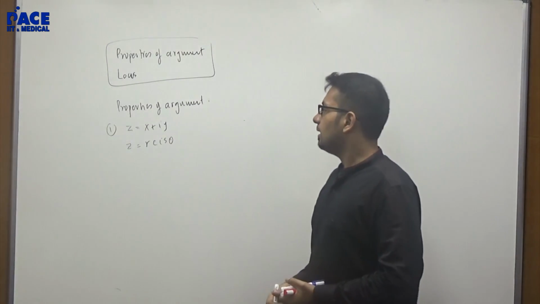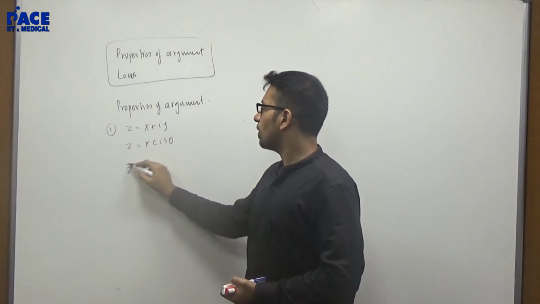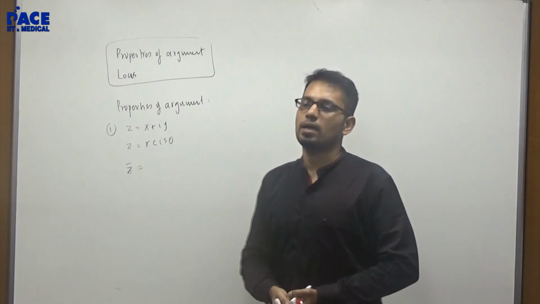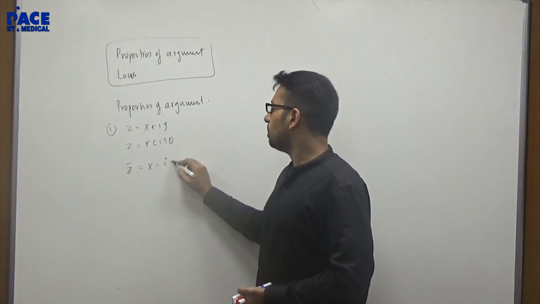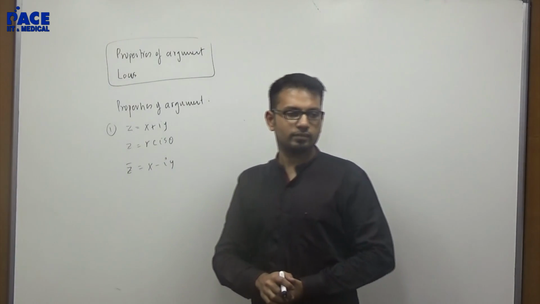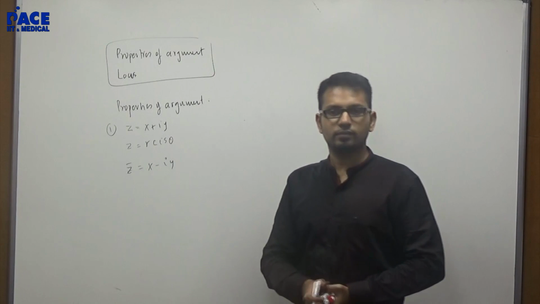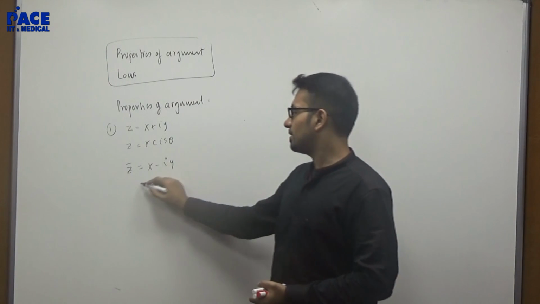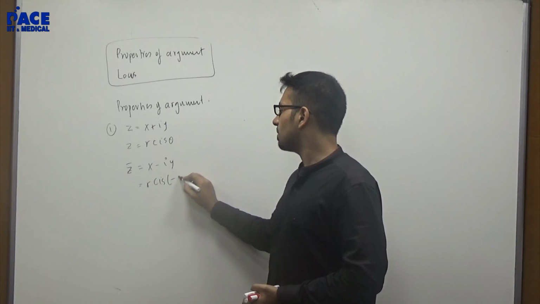Okay. Now z conjugate जो होगा वो क्या होगा? x minus iy. In polar form ये क्या होगा? R cis minus theta. Yes, it will be r cis minus theta.